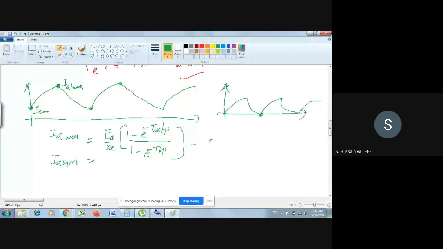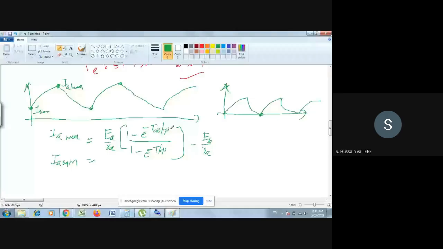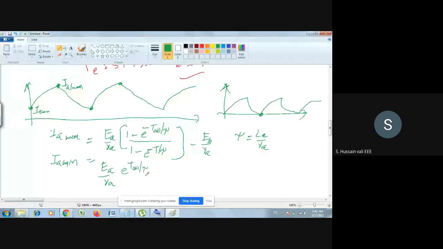Everything we know here, except we may not know what tau is. Tau is the ratio with RA. Usually IA minimum is EA by RA, into e power T on by tau minus 1, whole divided by e power T by tau minus 1, minus EB by RA.